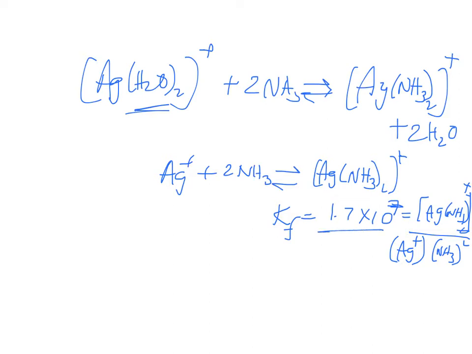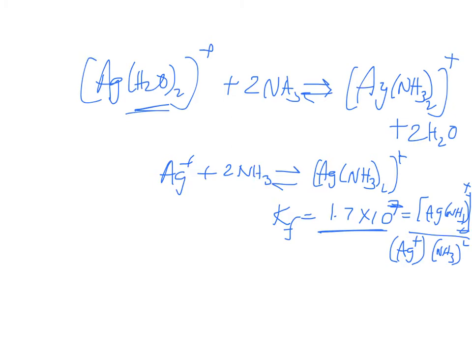And if we're saying that the formation constant is a pretty high value, that basically tells you that the forward reaction is going to be more predominant as compared to the backward reaction. And so one can say that if the formation constant is large, then the dissociation, that means the reverse reaction, is going to be pretty small.